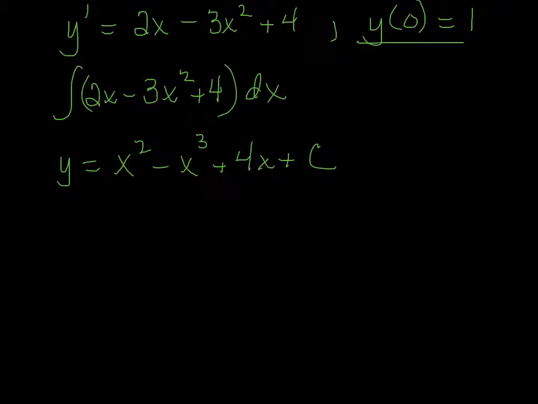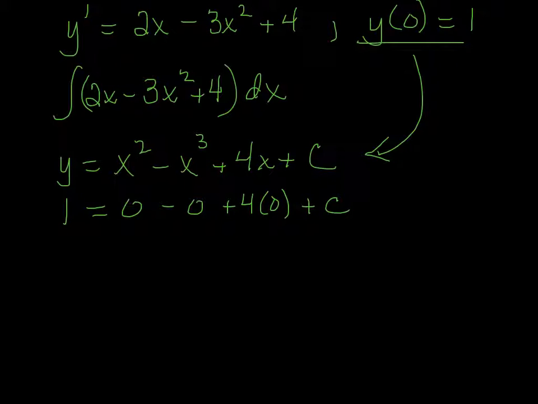Now we're going to take the initial conditions that they gave us up here, and everywhere I see an x, I'm going to plug in 0, and everywhere I see a y, I'm going to plug in 1. So 1 equals 0 minus 0 plus 4 times 0 plus C, so therefore C is 1. Now, most of the time, by the way, just so you know, your x values do tend to be something other than 0, so it'll involve a little bit more math.